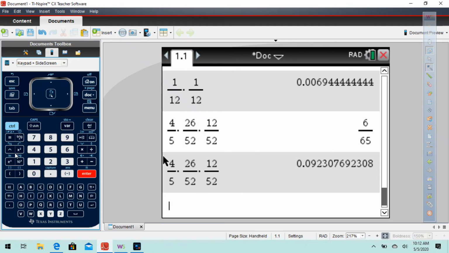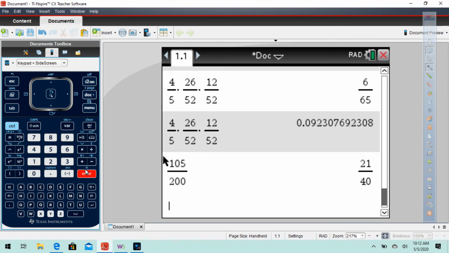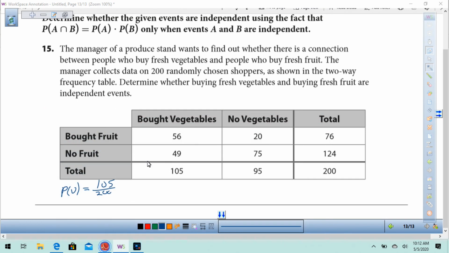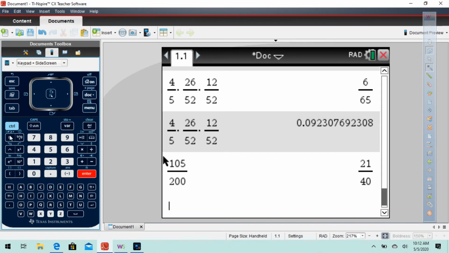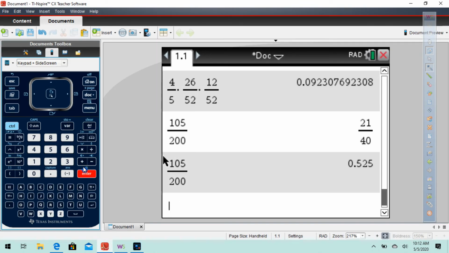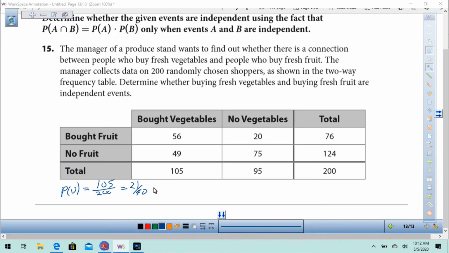Let's see, 105 divided by 200. That's 21 over 40. That's going to be hard to compare. So let's see here, 0.525. Determine whether buying fresh vegetables and buying fresh fruit are independent events.